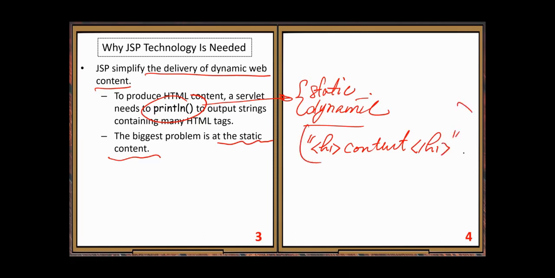That's what we use for the println method. When you do that, think about this. We need to put a lot of Java, we need to put a lot of HTML tags, right? When you generate HTML tags, you need to do that.